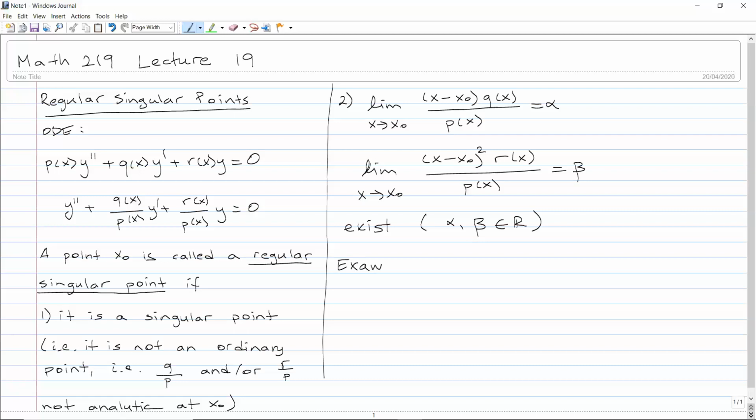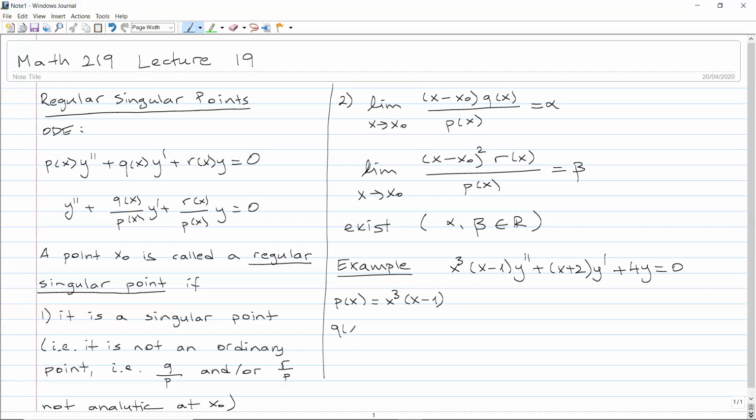Okay. Now, a quick example. Consider the equation x cubed times (x minus 1) times y double prime plus (x plus 2) times y prime plus 4y equals 0. Now, the function p(x) is x cubed (x minus 1).